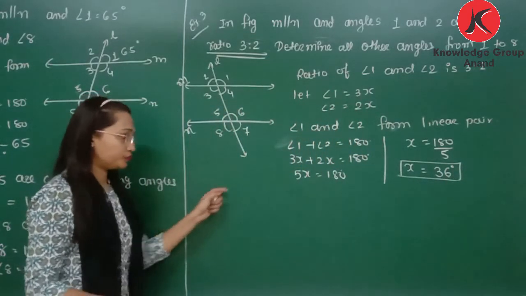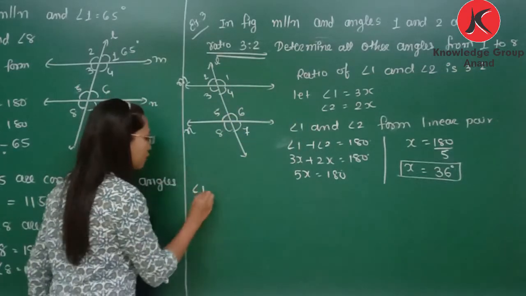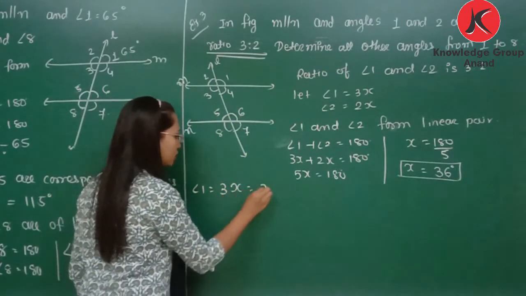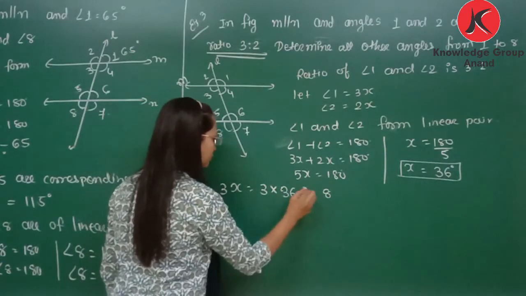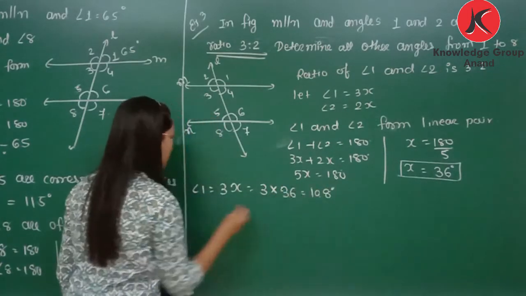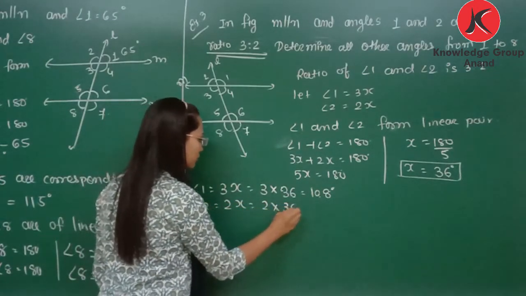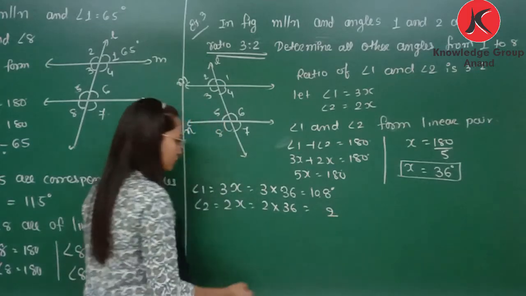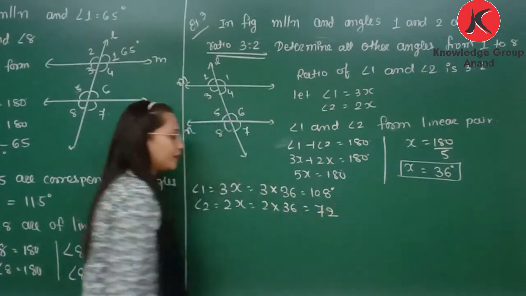Now we need to find angle 1, that is 3x. So angle 1 is equal to 3 into 36, that is 108, and angle 2 is equal to 2x, so 2 into 36, that is 72.